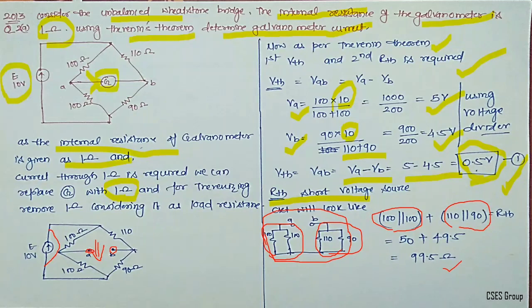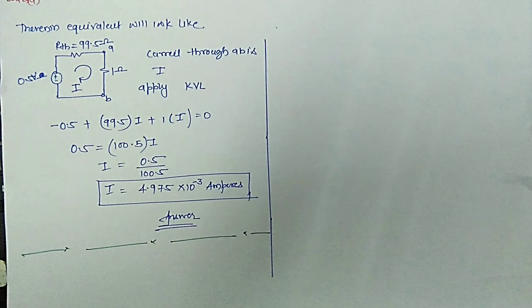Now in the next step we replace this circuit by its Thevenin equivalent circuit, TEC. The Thevenin equivalent circuit for the given question has the Thevenin voltage of 0.5 volts, RTH of 99.5 ohms, and the load resistance, that is the resistance of the galvanometer, 1 ohm.